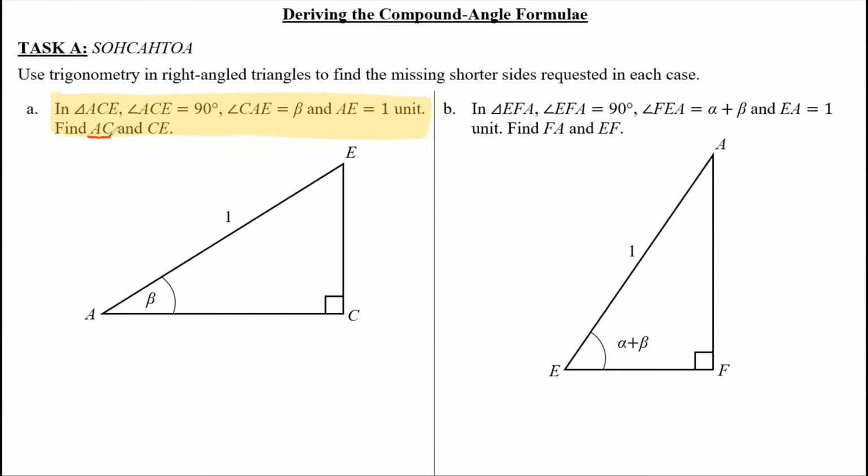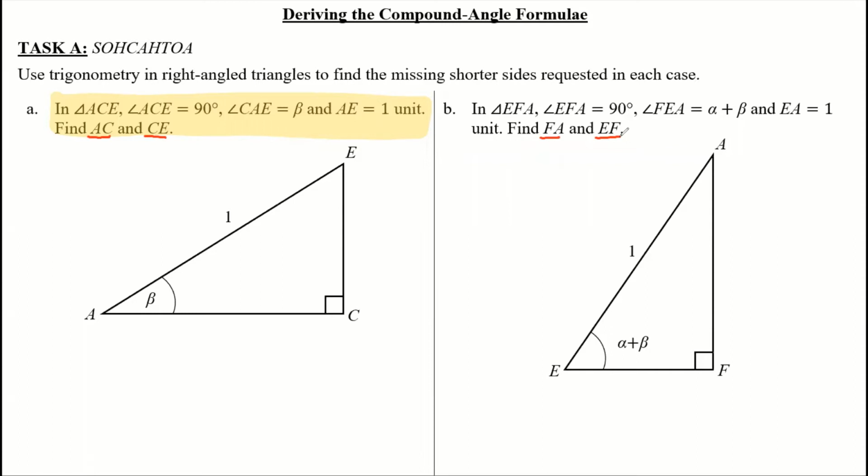Okay, that's the first one. And then notice in the second right-angled triangle for part B, you're finding the missing sides FA and EF. So in other words, the 2 shorter sides.